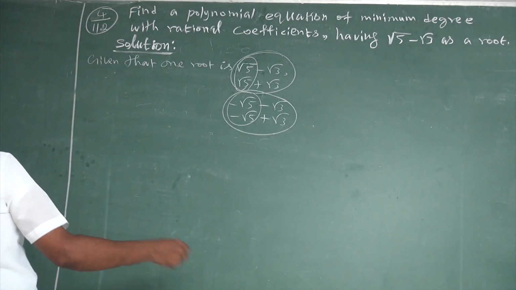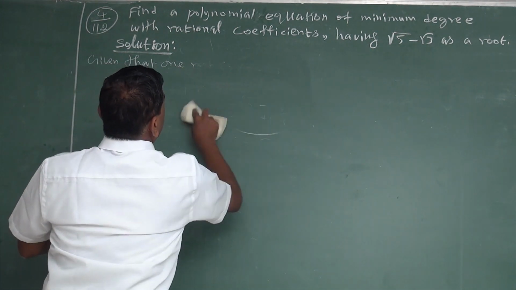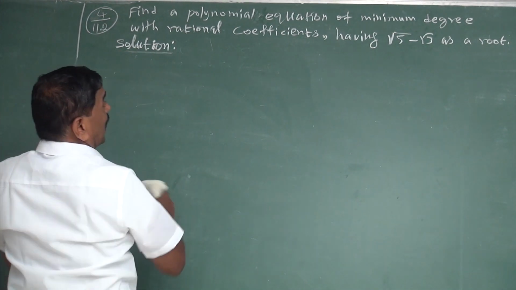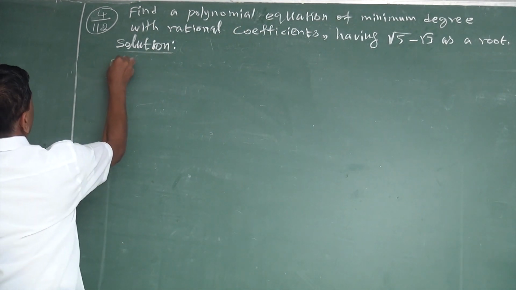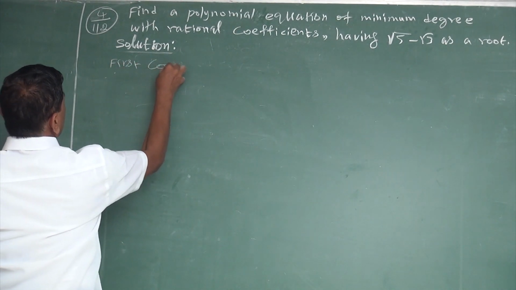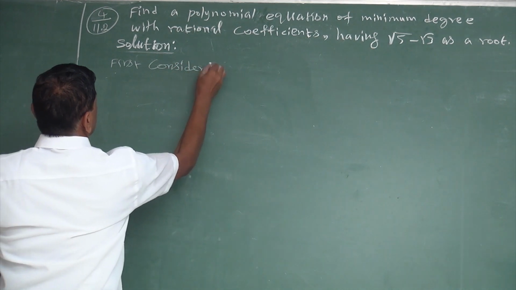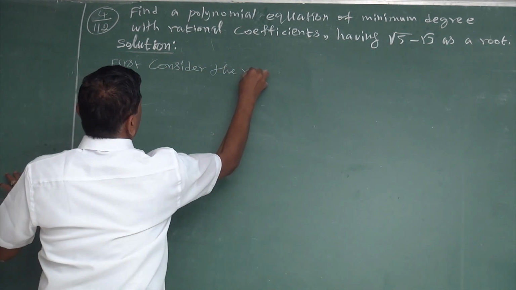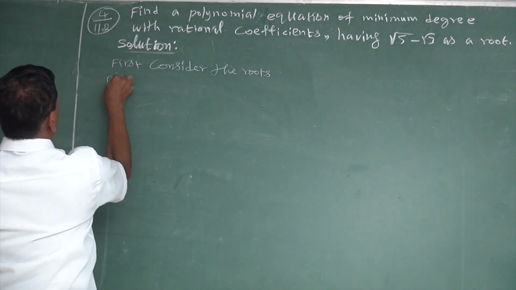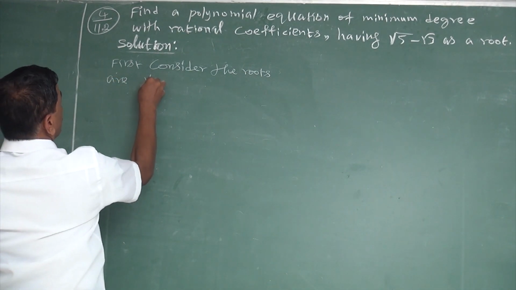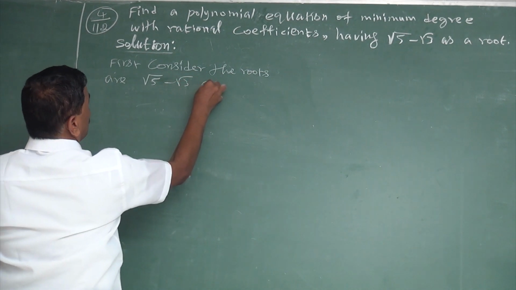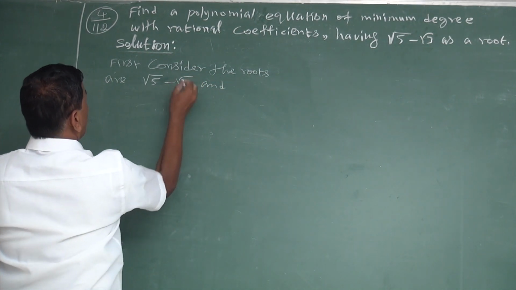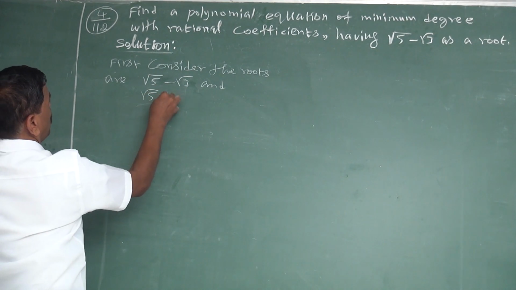Now listen, first consider the roots are root 5 minus root 3 and root 5 plus root 3.